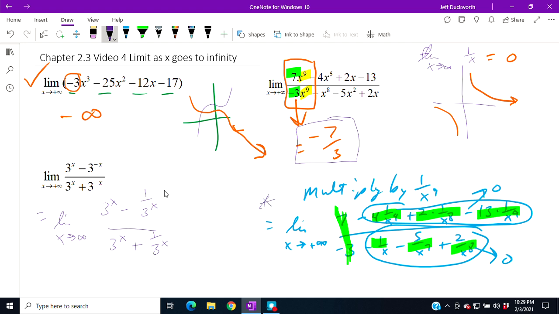So as x goes to infinity, this bit goes to 0. You put a really big number in for x, say a million, it's 1 over 3 to the 1 million, which is a huge number, which brings us all the way to 0, or approaching 0. In a similar fashion, this goes to 0. So this approaches 3 to the x over 3 to the x, so this just equals 1. And that's how you deal with some of these problems.